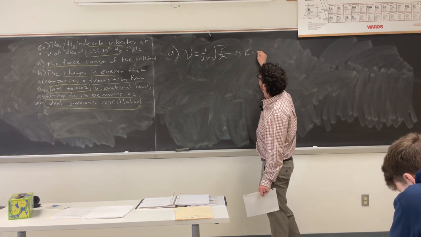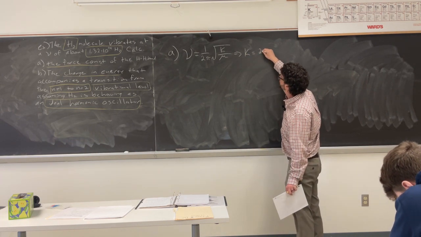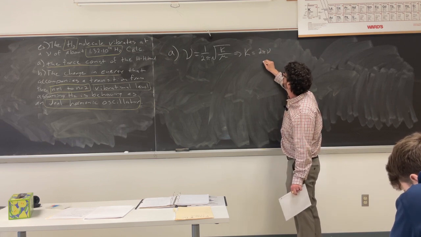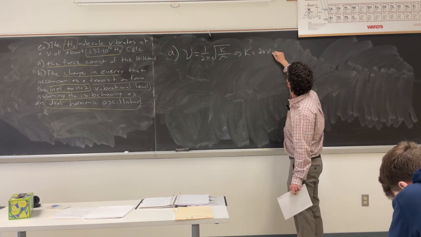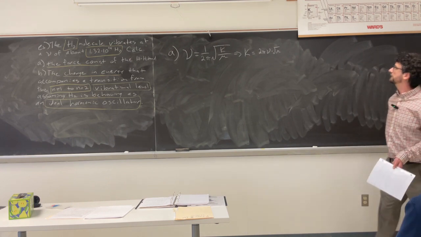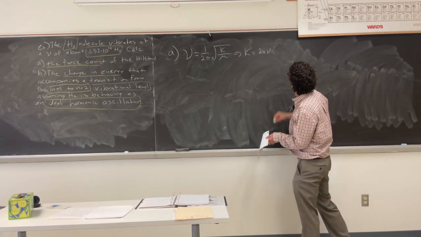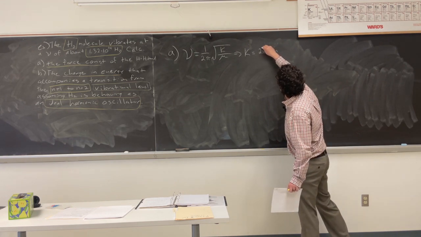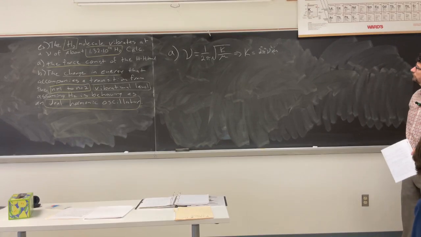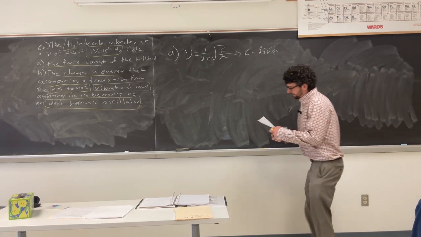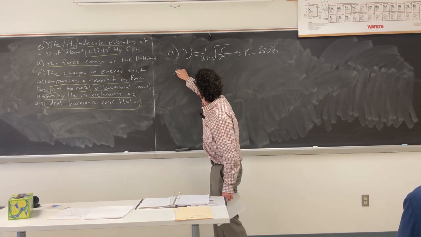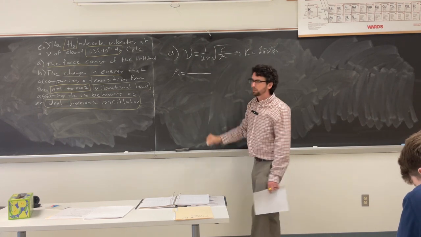K. We get 2 pi that thing times mu. Does that work? Oh, wait, we need to square it all. You're right. All right, we're not going to have enough time to make it through this one. We'll get through A, and then we'll pick up on the other part. Mu, remember we got to calculate a reduced mass.